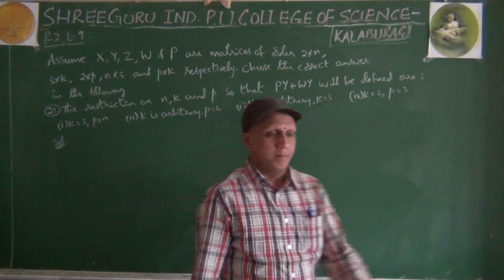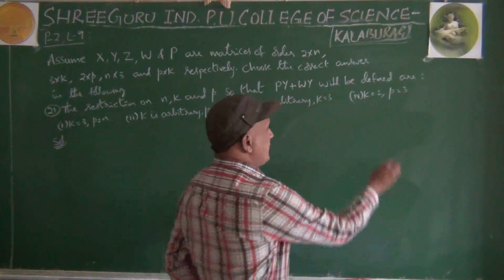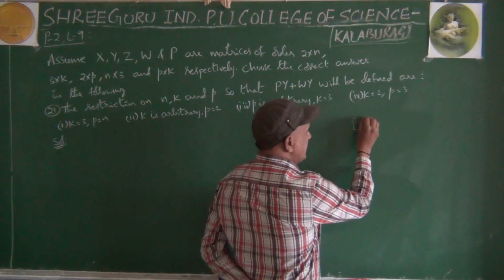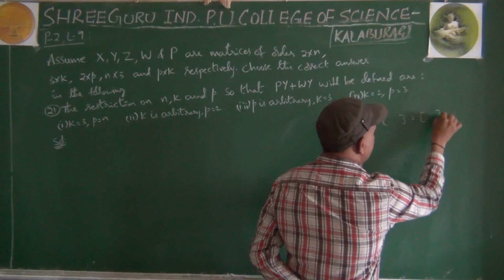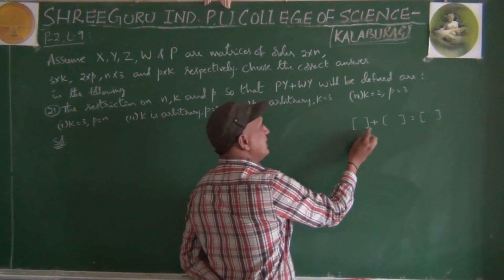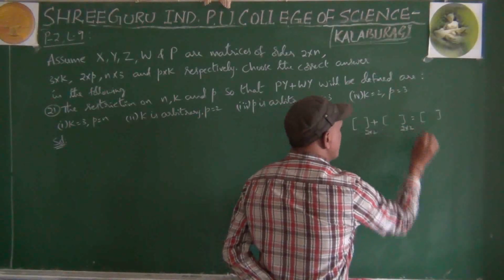Here the basic concepts we have to remember. If you want to add two matrices, order should be the same. If it is 2 by 2, this also 2 by 2.